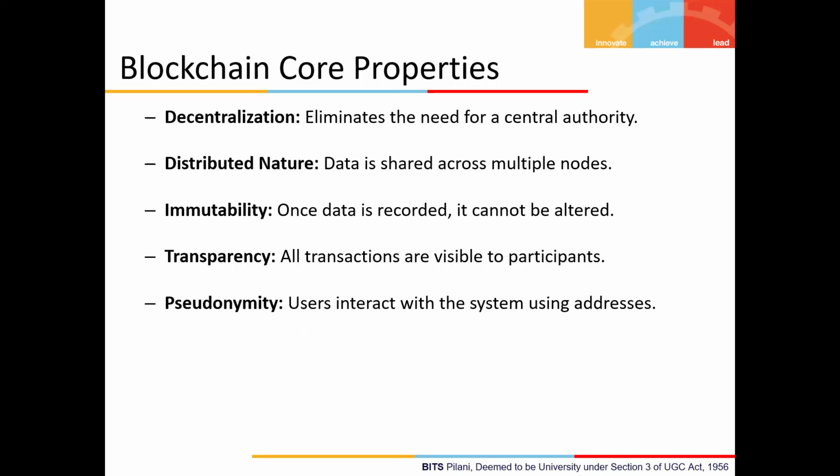Next is the single point of failure that we have in centralized applications. If you need in your application that the data must be stored over multiple nodes and you don't want this single point of failure issue, in that case we can use blockchain, right? The third one is if you need immutability.